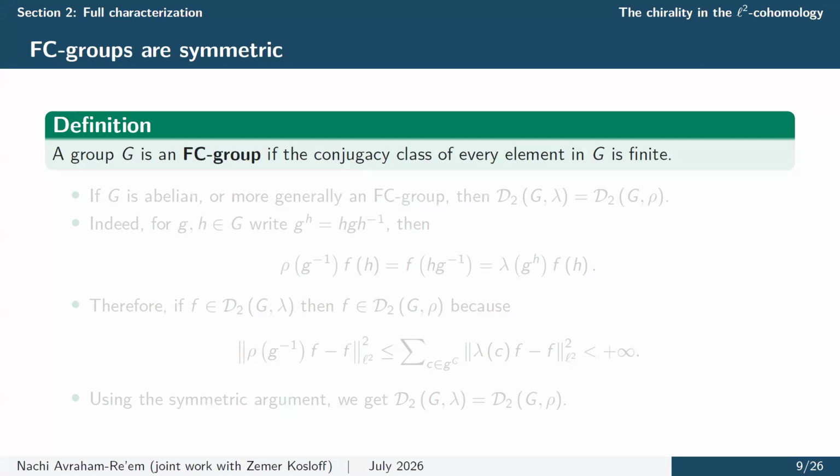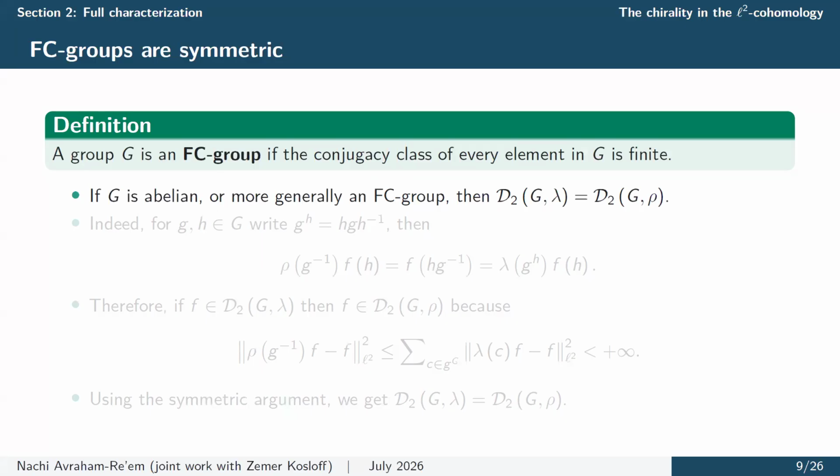Every element in the group G has a finite conjugacy class. Abelian groups, for example, are FC groups. But there are other groups which are FC groups, and let us make the observation that an FC group cannot have an asymmetric cocycle.